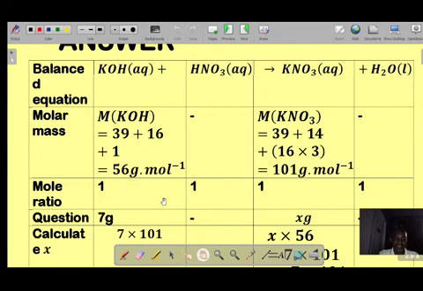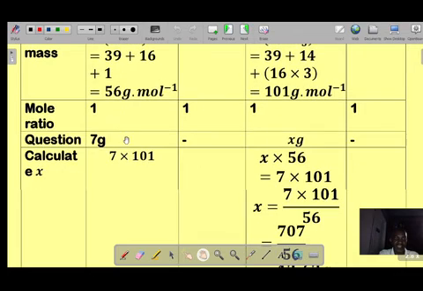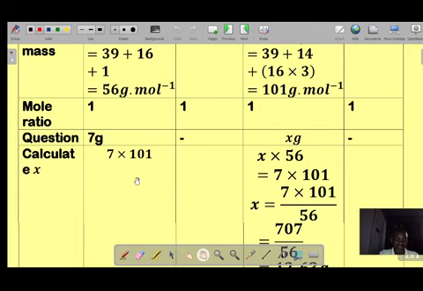Okay, now the question says that I have 7 grams of the potassium hydroxide, and I need to know how many grams I am going to get for the potassium nitrate. Now what I do here, again I'm going to use my cross multiplying.